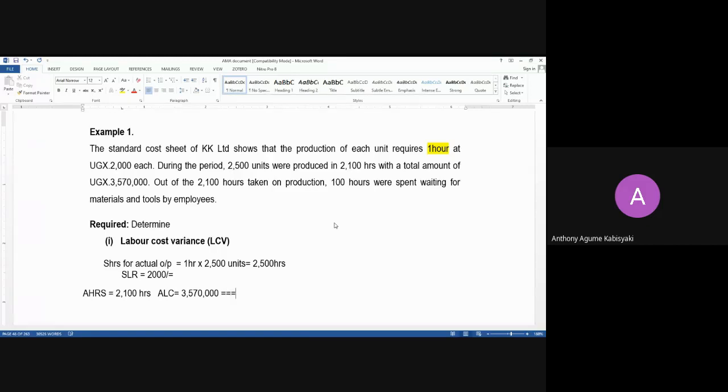If I want the actual labor rate, I need to get this amount divided by these hours. 3,570,000 divided by 2,100, I'll get 1,700. Okay.